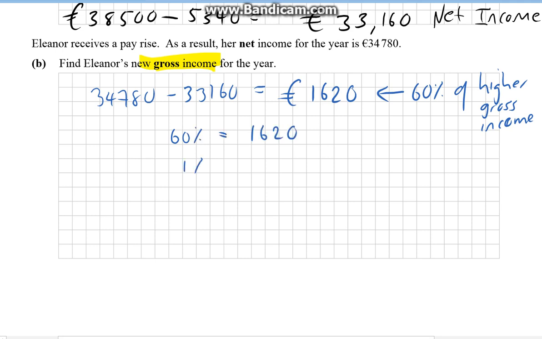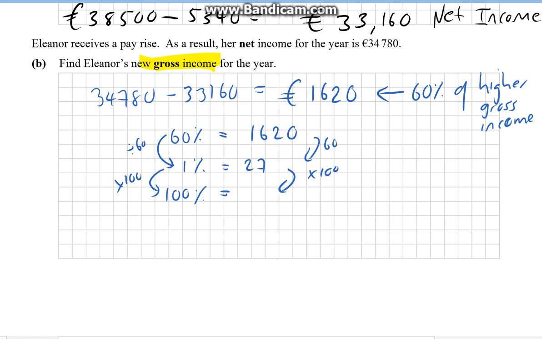We can find 1% and then therefore find what 100% would be. So how did I get to 1%? Well, I divide by 60. If I do that on this side as well, that will give me 27. To find what 100% would be, how did I get from 1 to 100? I multiply by 100. I do the same on this side.